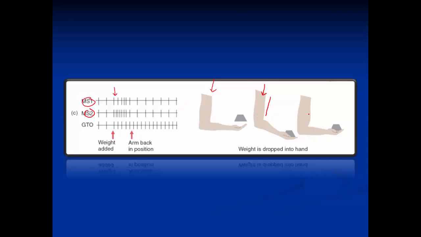Now, when we return to our initial position, the length of the muscle is the same as it was at the beginning. So, here we are, our length at the beginning. While our arm moves down a little bit, the muscle spindle is stretched, we get increased firing, and by the time we go back to our regular position, right, we're going to have the same firing rate as what we started with.